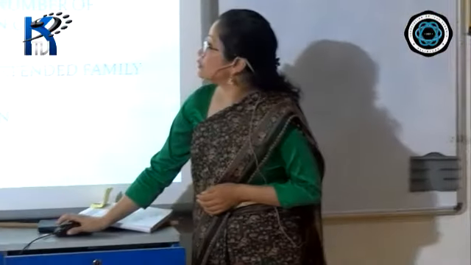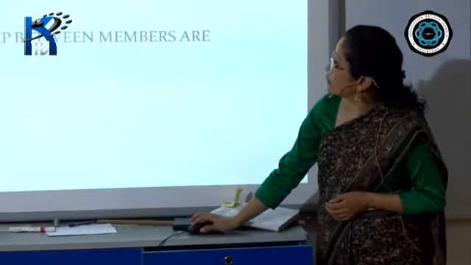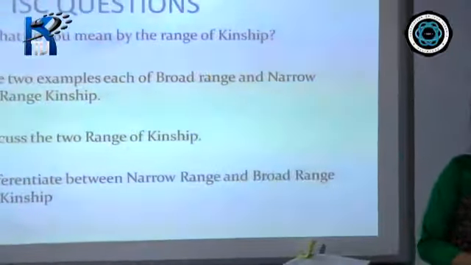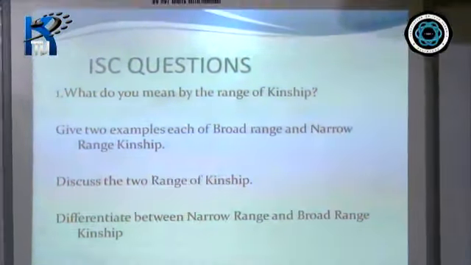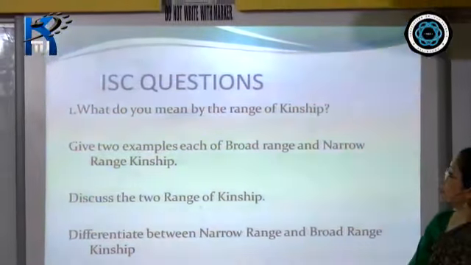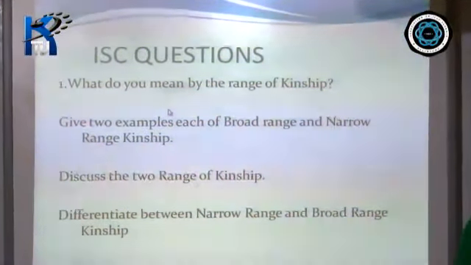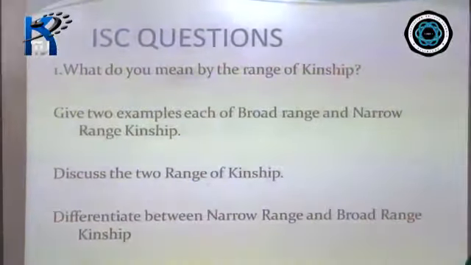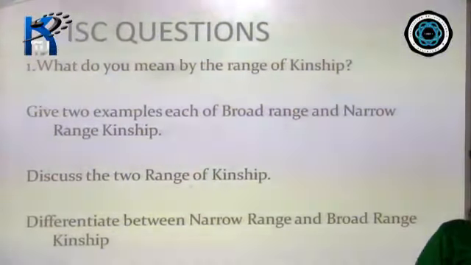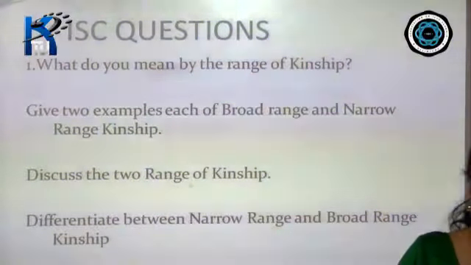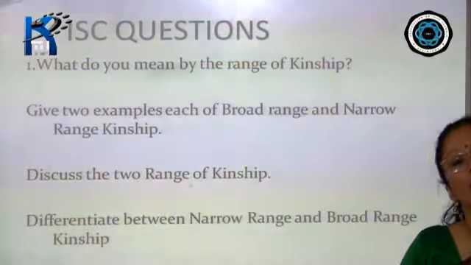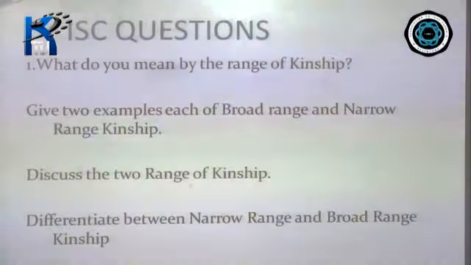Now, after I have done the range of kinship, let me discuss the ISC questions for range of kinship. Normally you get objectives like, what do you mean by the range of kinship? I've already explained, range of kinship refers to the network where we count the number of individuals or members in a kin group.